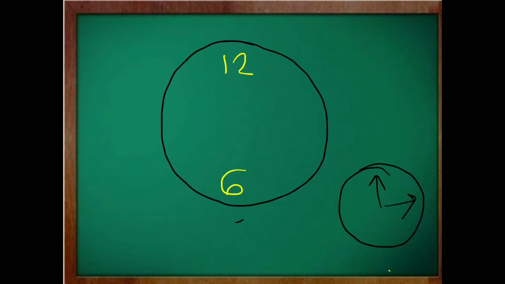Now over here, if this is the 6 o'clock position and this is the 12 o'clock position, if we draw a line from the 6 o'clock to the 12 o'clock position, this is called a vertical meridian. And this vertical meridian will be dividing the eye into two halves.